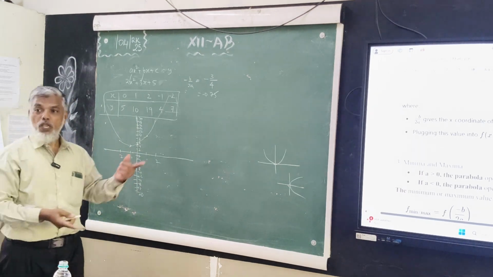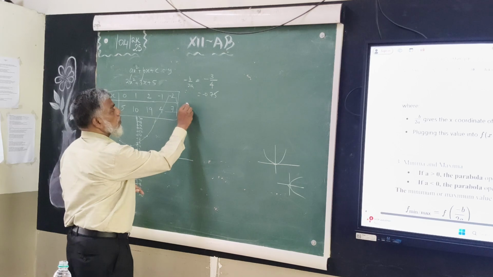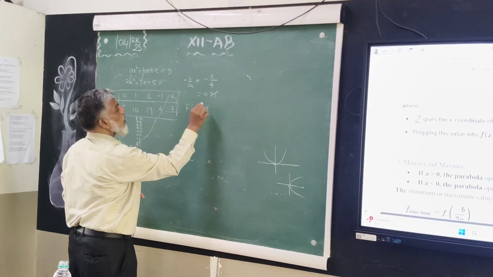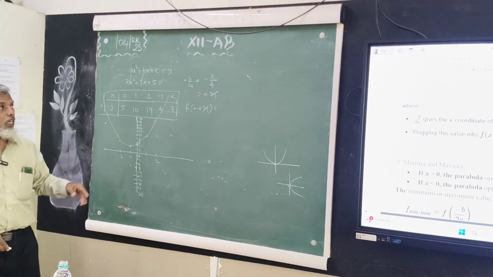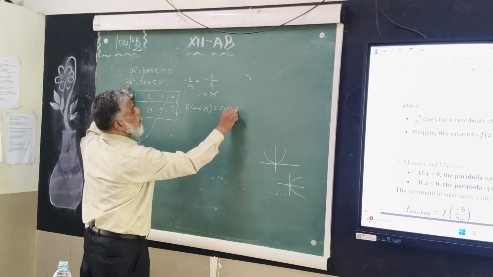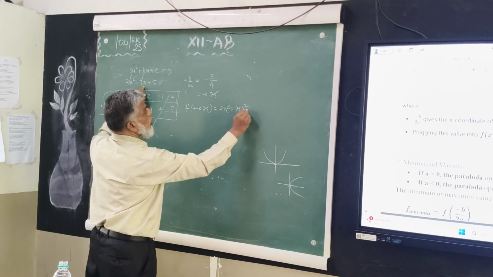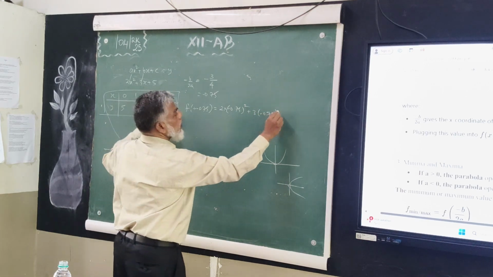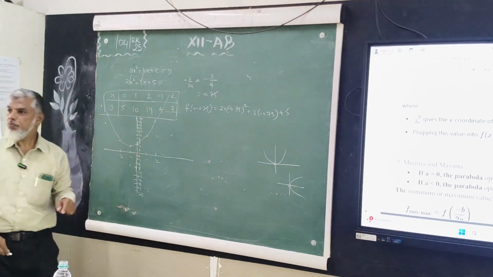What is the y value? What is f of minus 0.75? 2 into minus 0.75 the whole square plus 3 into minus 0.75 plus 5. Right?